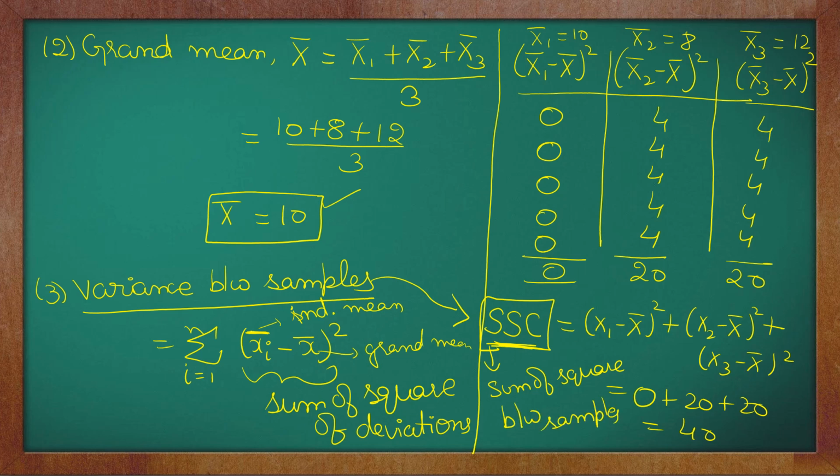So this is my third step. First step was the individual means, second step was the grand mean, third step is the variance between the samples.